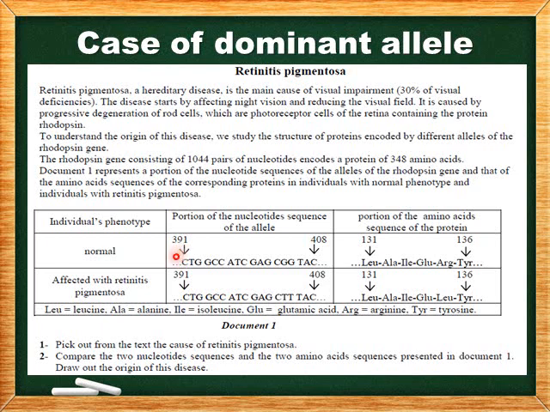As usual, we compare from 391 till 408. All the nucleotides are the same except, so you move till here and you find the difference. So you count it, you find the number, and you mention where GG are replaced by TT.